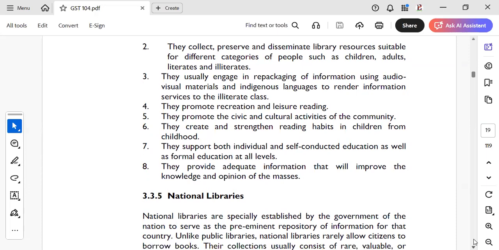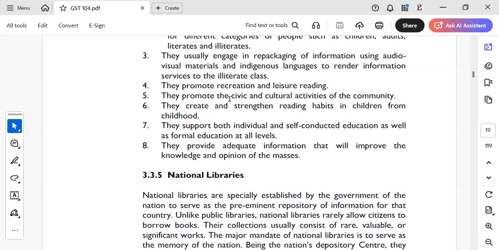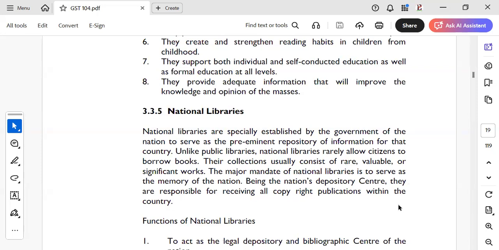So they promote recreation and leisure reading. They promote the civic and cultural activities of the community. And they support both individual and self-conducted education as well as formal education at all levels. Just to know that they are concerned with everybody and anybody that is a member of the community.